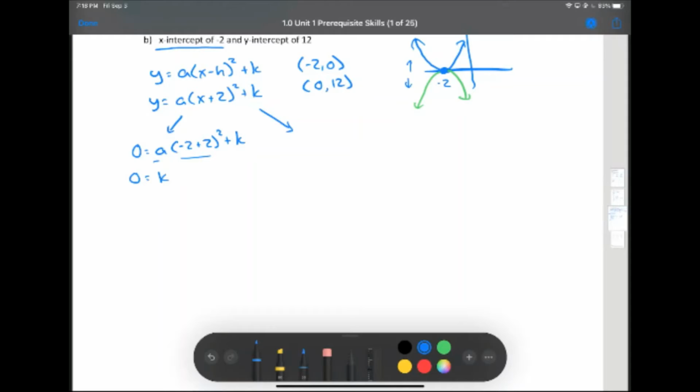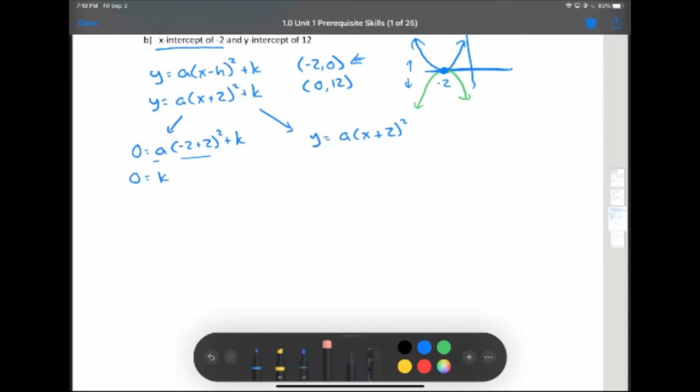Either way, once I've plugged in k equals 0, I then have y equals a(x plus 2) squared. And now I can plug in my other point, (0, 12). By the way, if you plug in this point again right there, what you're going to get is 0 equals 0, which doesn't tell you any information.